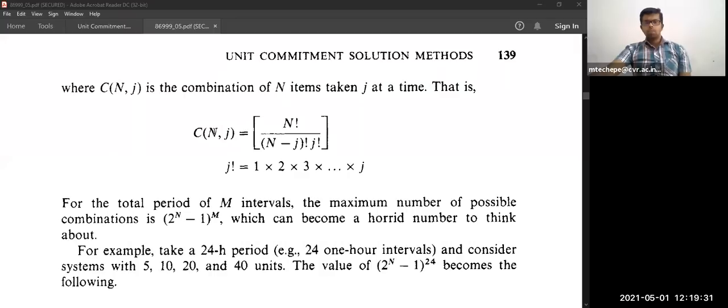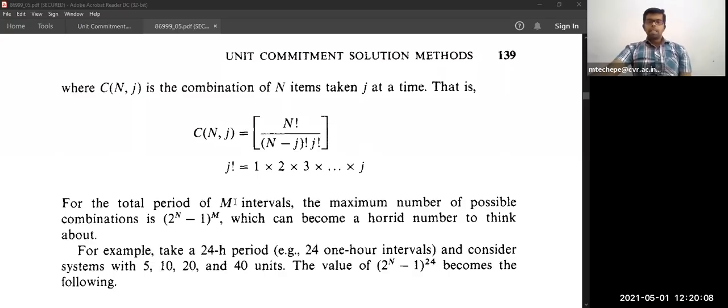That is, C(n,j) is equal to n factorial divided by (n minus j) factorial into j factorial. Like permutations and combinations, you already studied this formula, where j factorial is equal to 1 into 2 into 3 up to j.